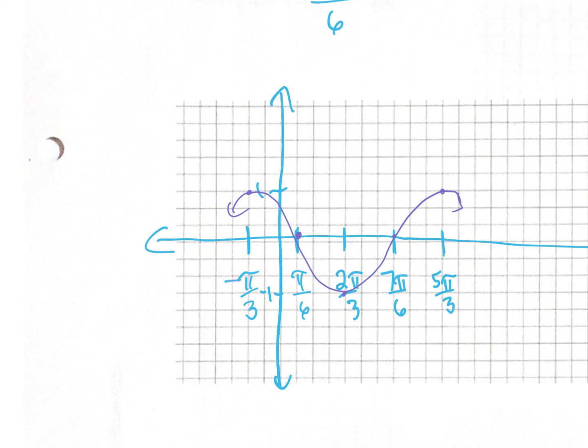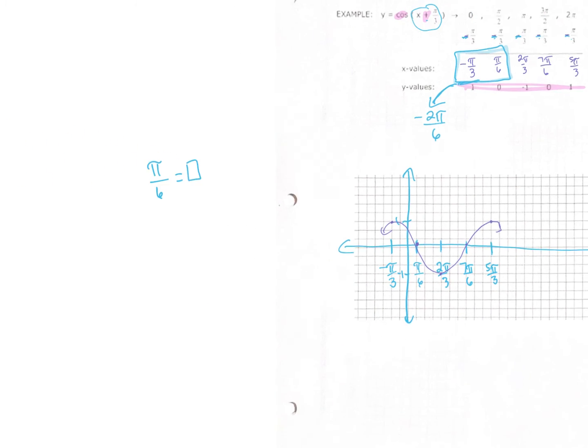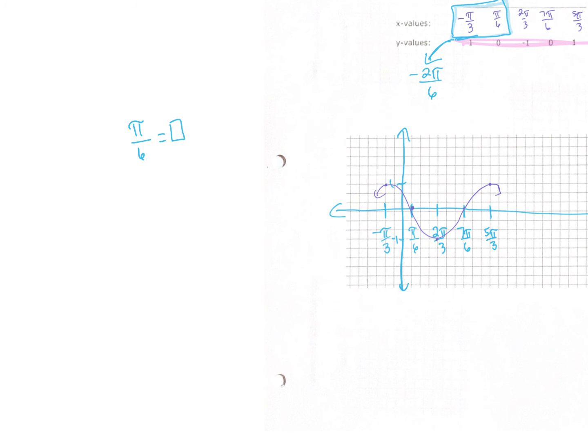Okay? I want to talk to you just in general. I want you to think about the fact that if we use pi over 6 as one little space, that means 3 pi over 6, which is equivalent to pi over 2. And pi over 2 is our consistent spacing that we have from our unit circle, right? From our unit circle, we started at 0, pi over 2, pi, 3 pi over 2, 2 pi.